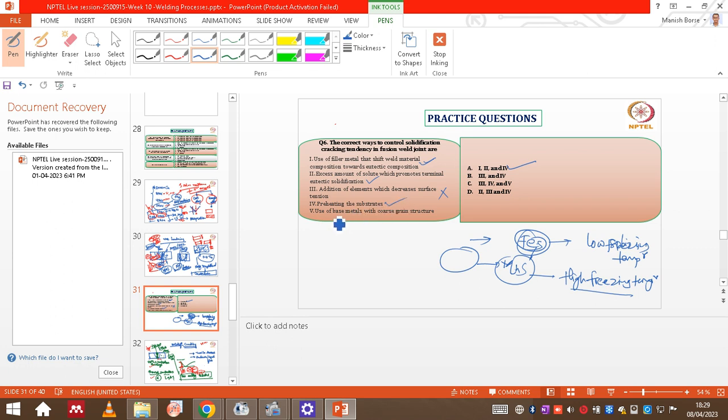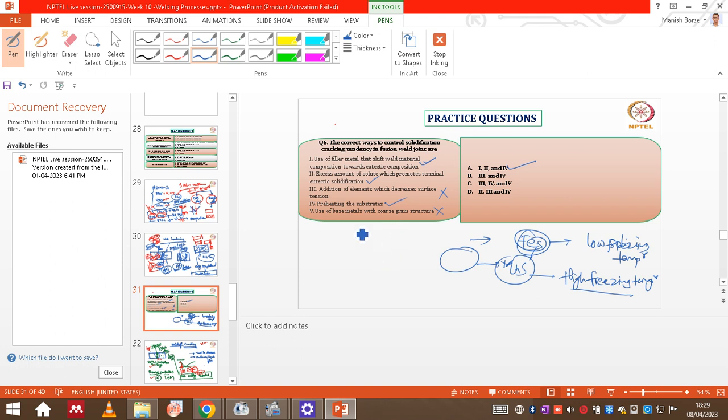And the fifth option says use of a base metal with coarser grain size. Obviously it is not correct, because we should use a metal with finer grain size to avoid solidification cracking, because finer grain will have more grain boundary area, and it will distribute the solid uniformly, and it won't allow the continuous liquid film to form in the interdendritic region.